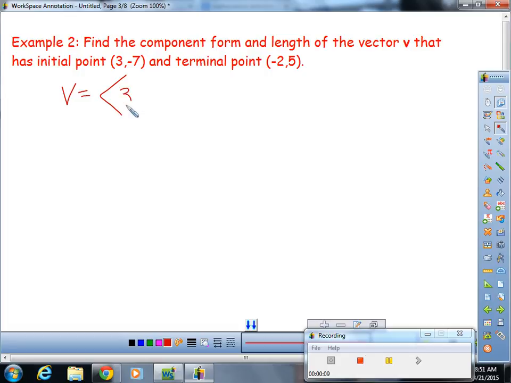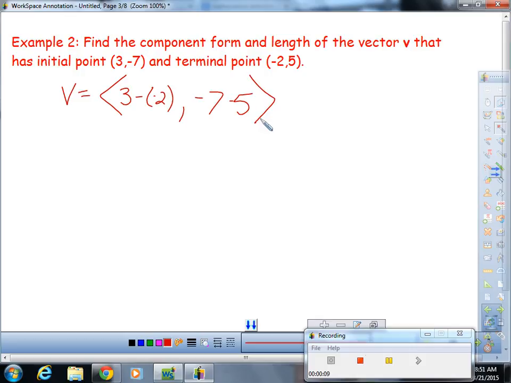Initial point, so I have to do 3 minus -2, comma, -7 minus 5. It's important that we lead off with the 3 and the -7 because that is our initial point. If we switch those, we would get our direction going backwards, so our vector would be going the opposite direction of the correct answer.